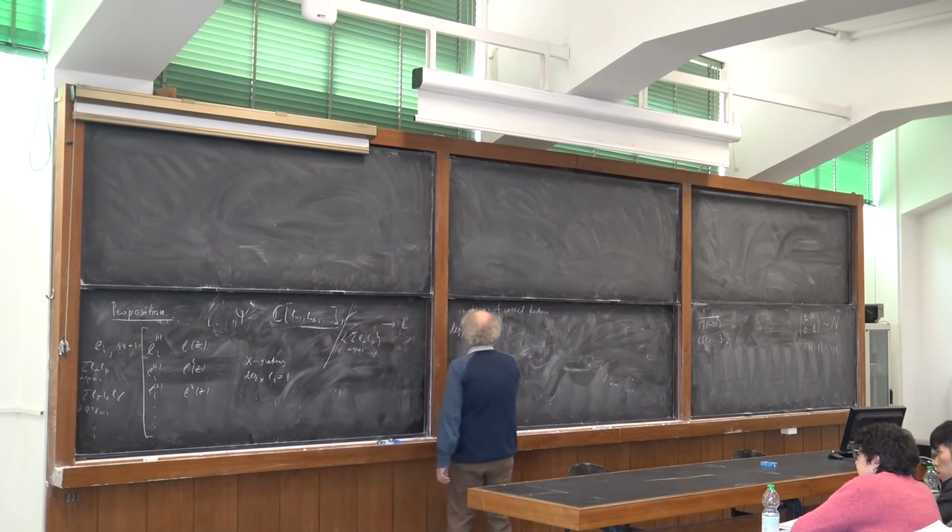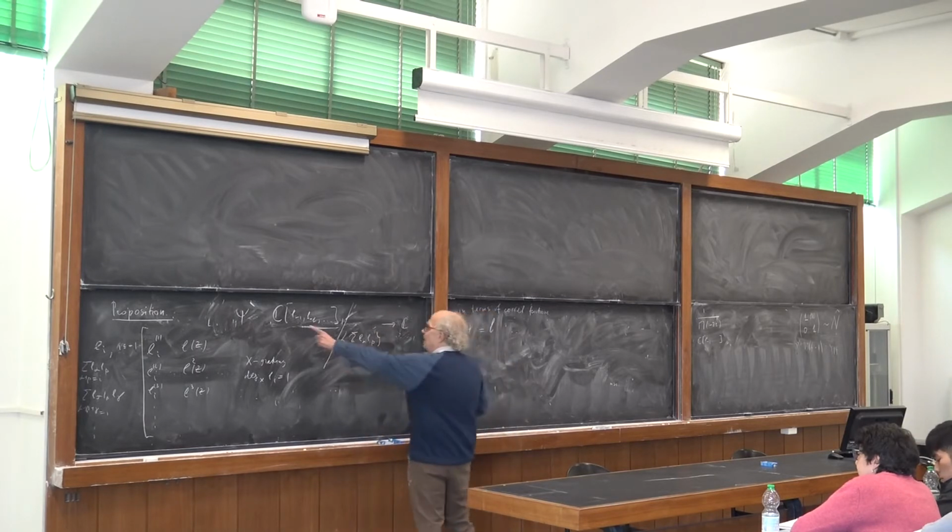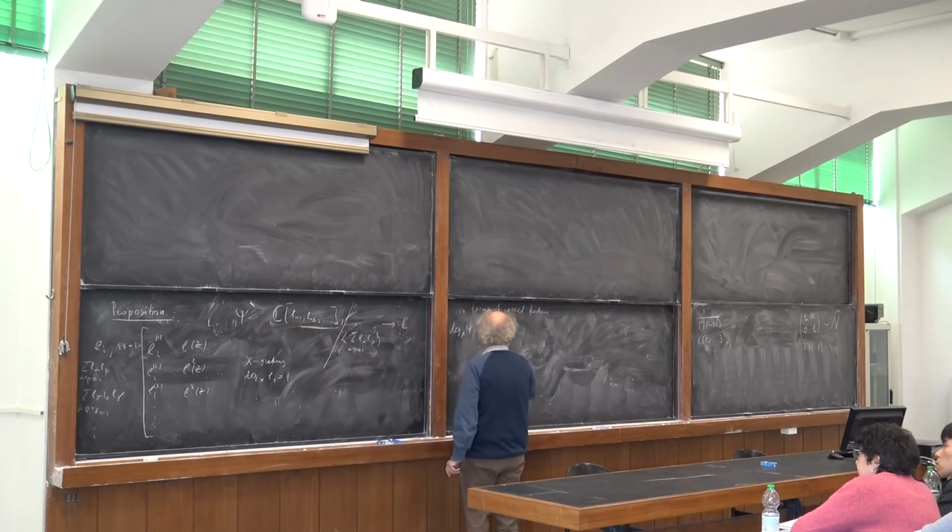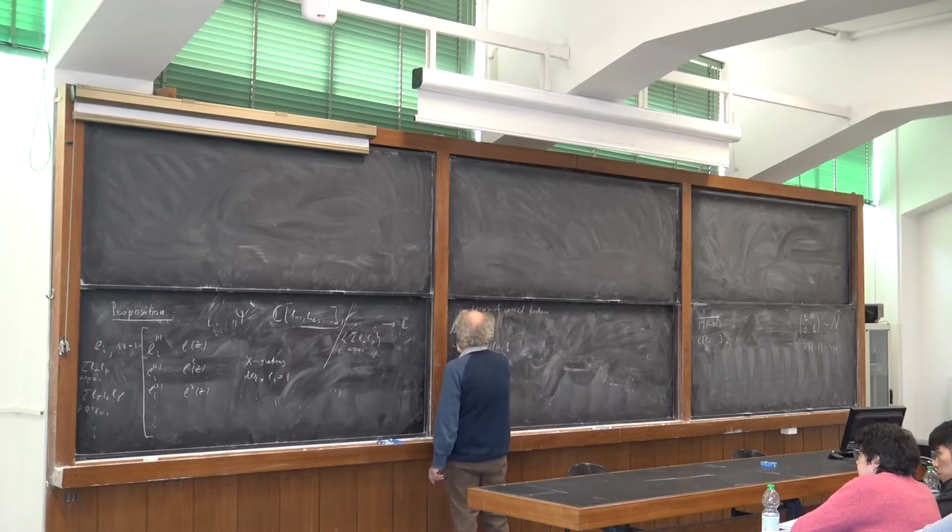I take the highest weight vector, here it is 1. Then I apply E z1, E z2, and so on, E zL. And then I calculate psi on this.